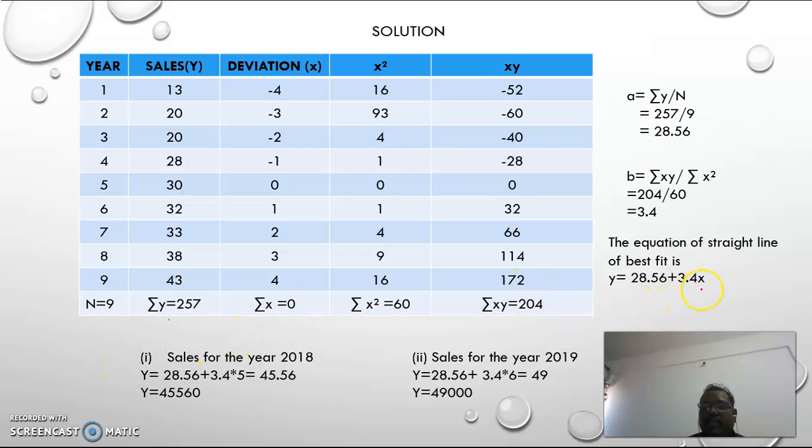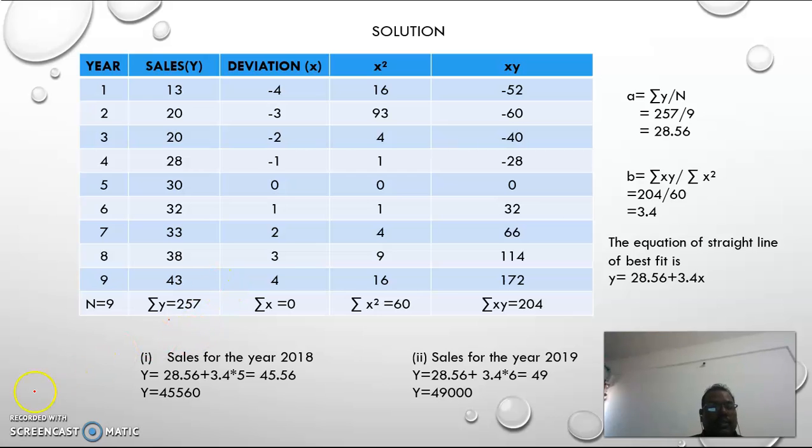If we put the values of x as minus 4 here or minus 3 here, we get the trend for each and every year, and that is why the least square method is used, because it gives the trend of each and every year. The other methods, the moving average method or the weighted moving average method, are not able to give this trend for each and every year.